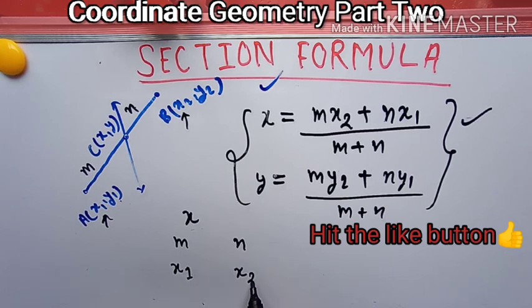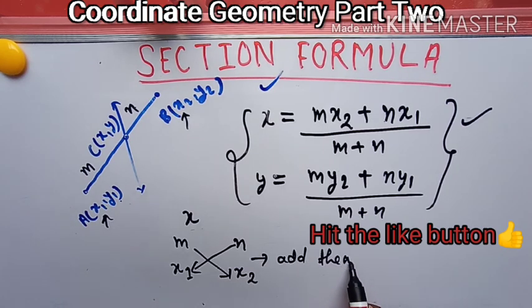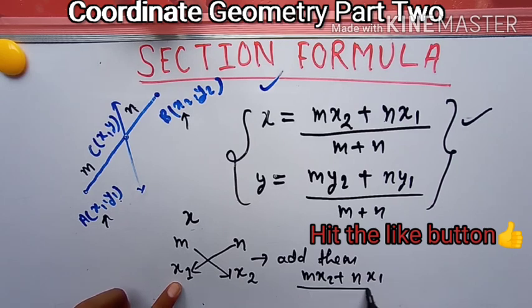Very good, x2. Now you have to multiply m with x2 and n with x1, and you have to add them. So m multiplied with x2, mx2, n multiplied with x1, nx1, upon, and you have to add both the values also, so m plus n.